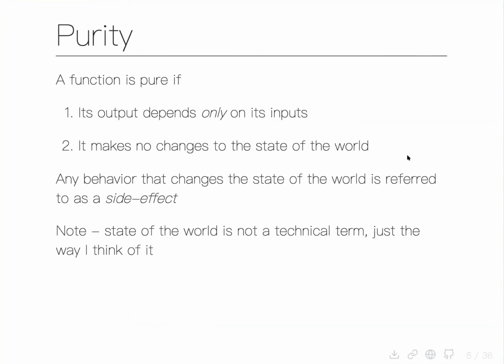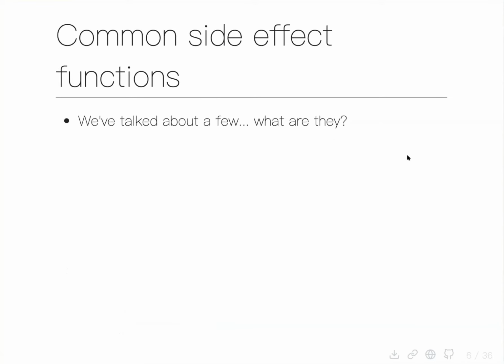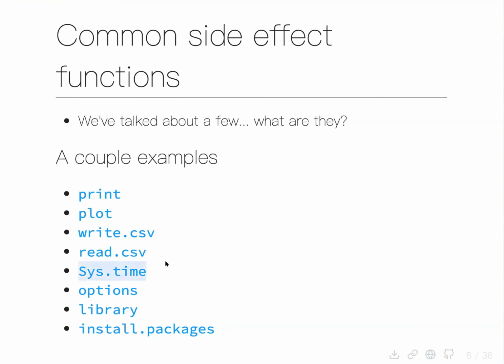Just to review real quick here. Purity is generally something you do want to shoot for. You don't want your functions to change the output that they're giving based on the same input. So if you give it the same input, you should expect the same output every time, right? And that's why things like sys.time are not pure, right?